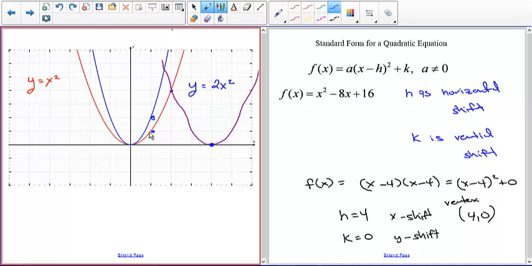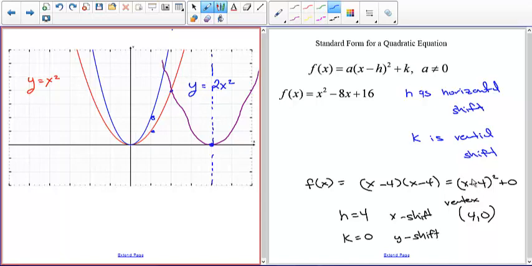Now all the other parts relative to the vertex are the same. Here we went over 1 up 1. So you get over 1 up 1, over 1 up 1, over 2 up 4, over 2 up 4. Symmetric around the line x equals 4.